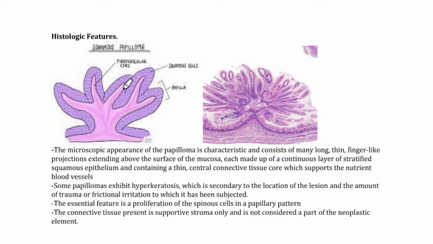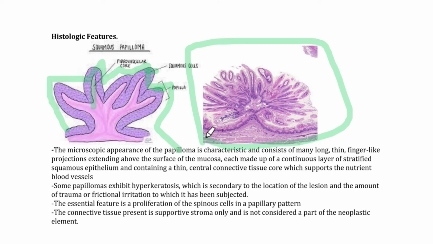Let's move on to histologic features, where you can see these finger-like proliferations. This is the fibrovascular core. Here you can see squamous cells and papilla. This is the diagrammatic representation, and this is the histologic picture which you can see over here.